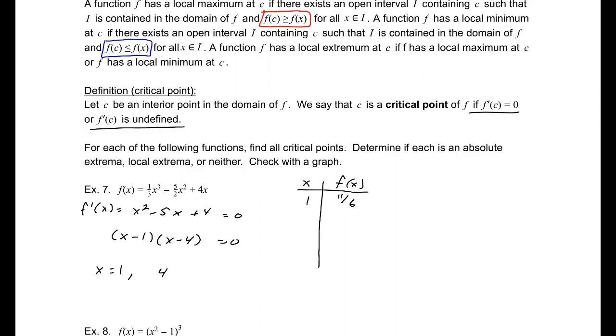All right, now if we evaluate that function at 4, 1/3 x cubed minus 5/2 x squared plus 4x. That is -8/3.